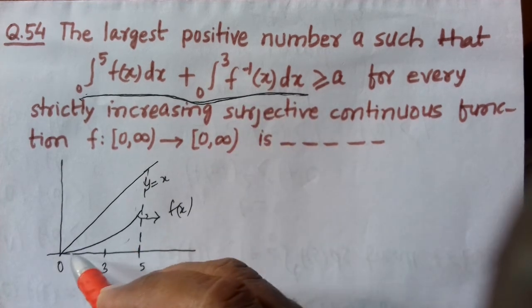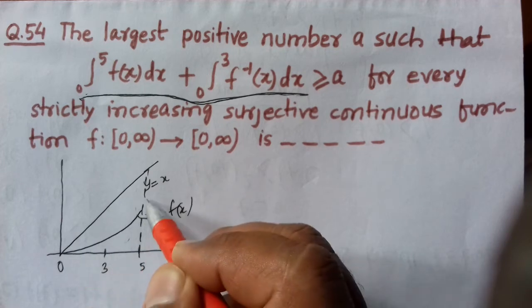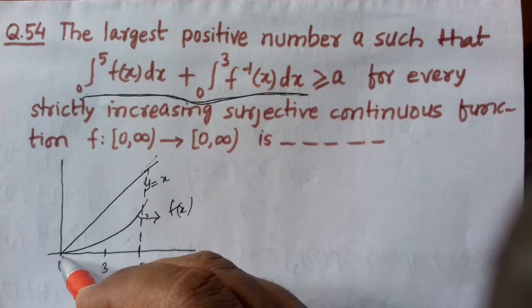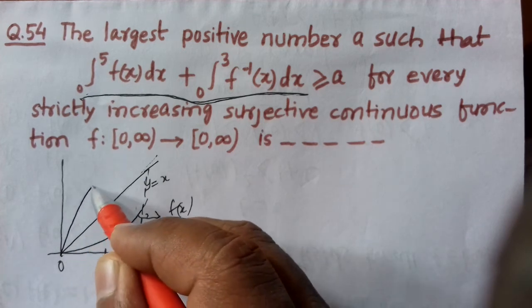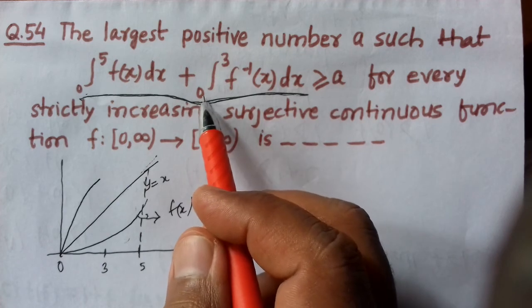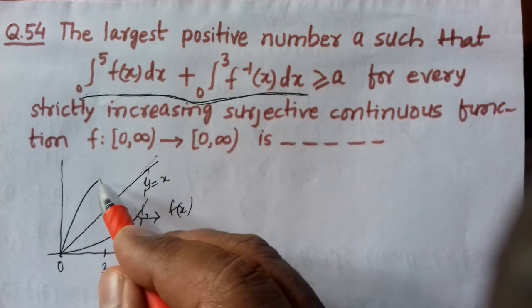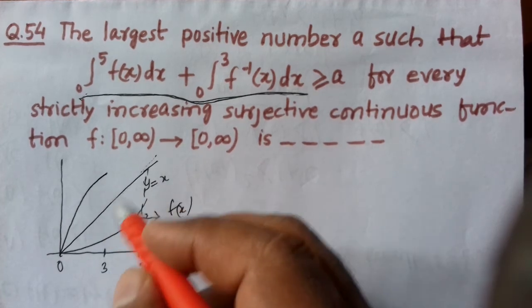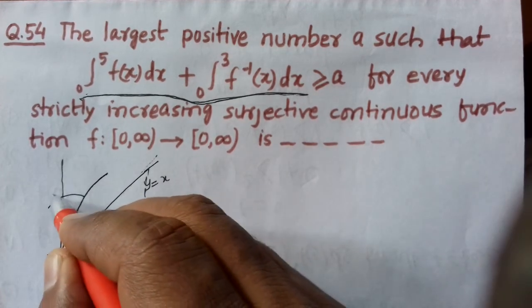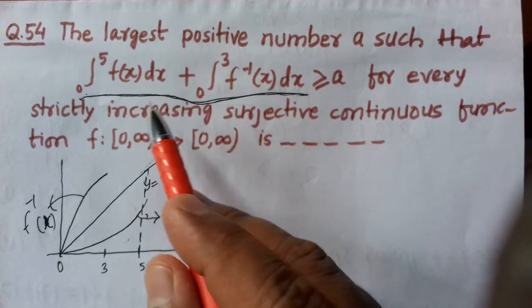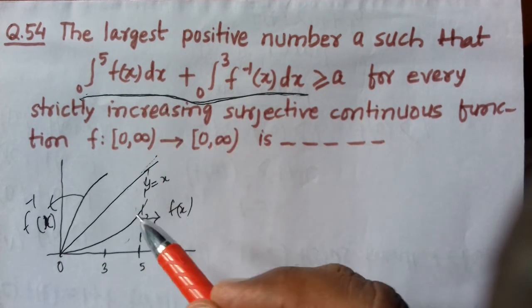So let us draw the image of this curve, this f(x), under this line y equals x, but we have to keep ourselves limited from 0 to 3, because you see here the limits 0 to 3. So this will be the graph of f inverse x, and we know that integration means area under the graph.